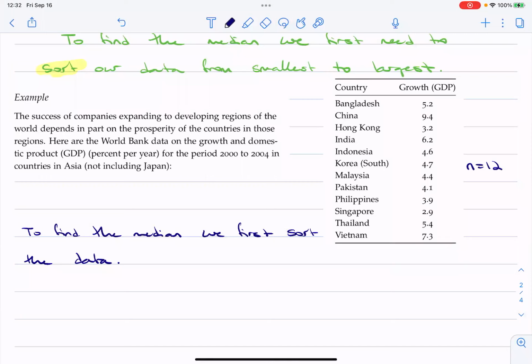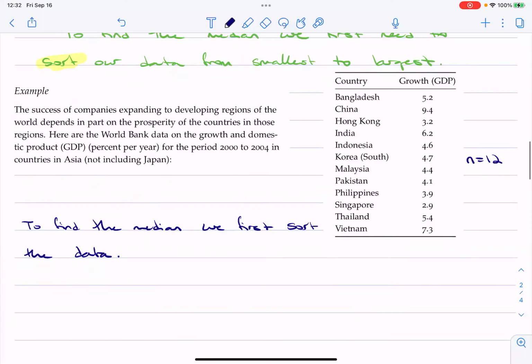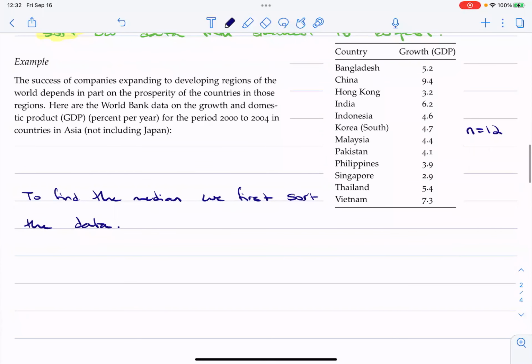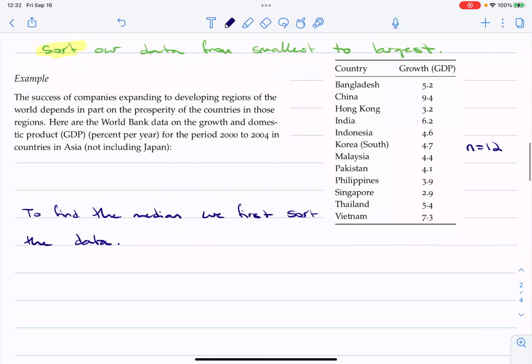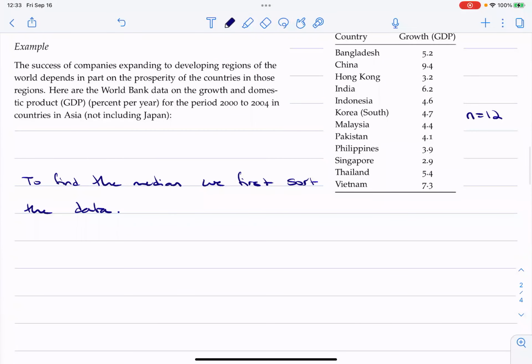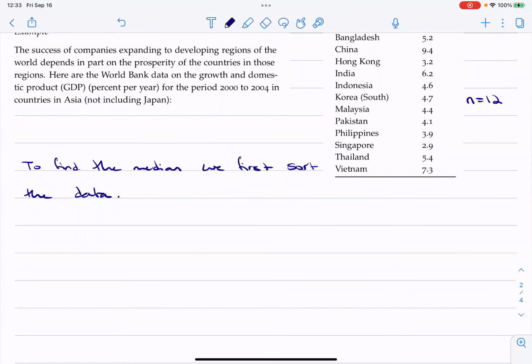All right, my sample size is 12. Now, like Martha Stewart, I have them all prepped here already. But what I encourage you to do is, as you use up a number, cross it off, just to make sure that you've got it, because you don't want to muck that up. And so step 1, sort the data.